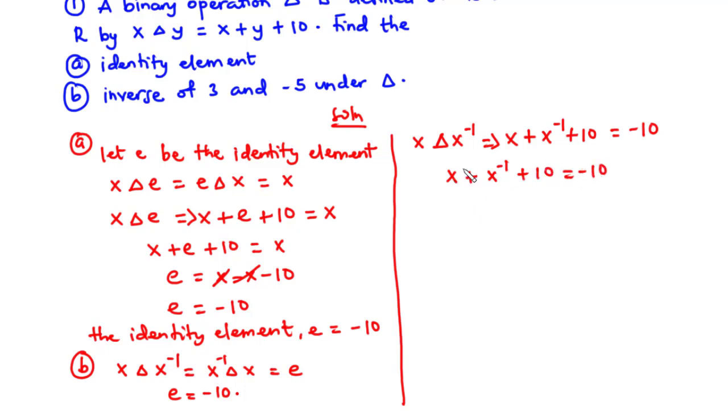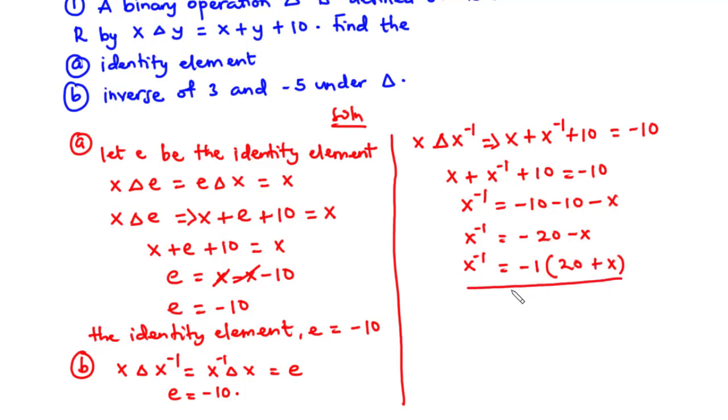Let's transpose x and 10 to the right hand side. So we have x inverse equals negative 10 minus 10 minus x. And then we can simplify this as negative 1 times the bracket 20 plus x. So this is the expression for the inverse.